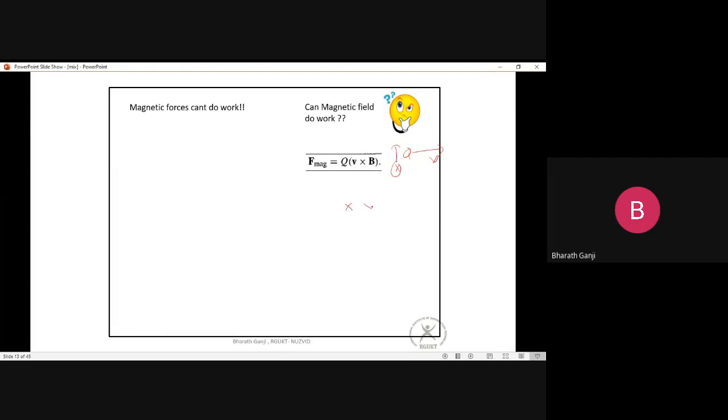Suppose there is a constant magnetic field, and a positive charge is thrown into it. The charge q moves like this, v is in this direction and b is pointing into the board. So v cross b gives you a net force in this direction, right?